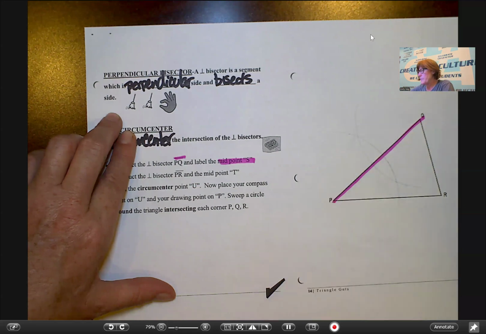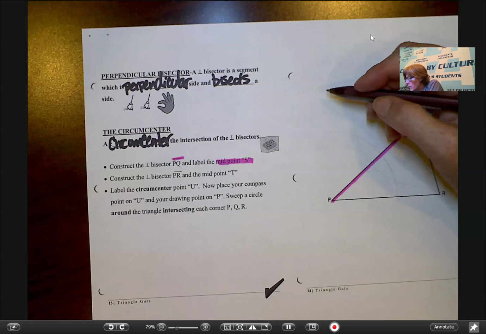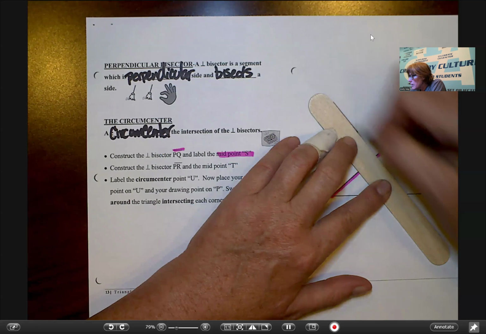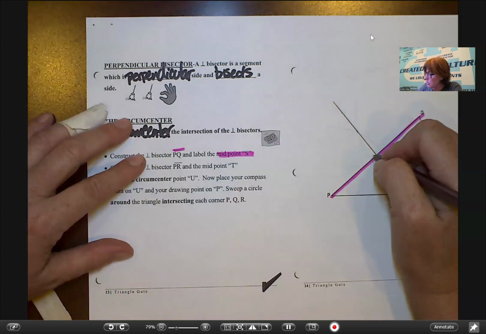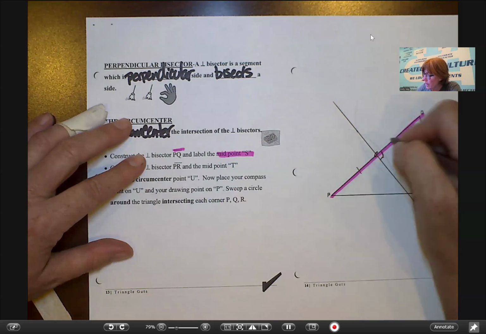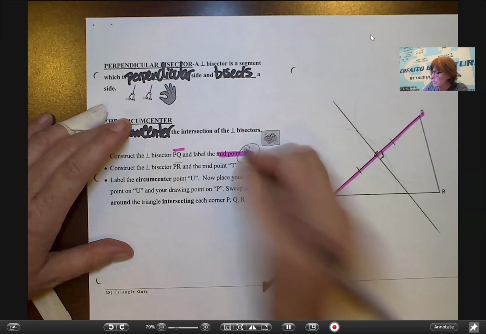Sweep. So line up that point of intersection. Get all the way across. That's a perpendicular bisector. Makes a right angle and bisects. And we're going to label that S.